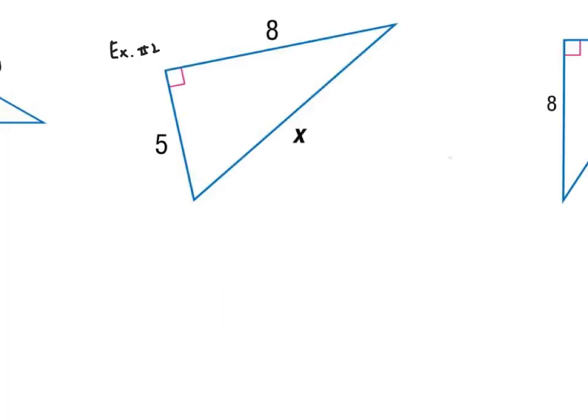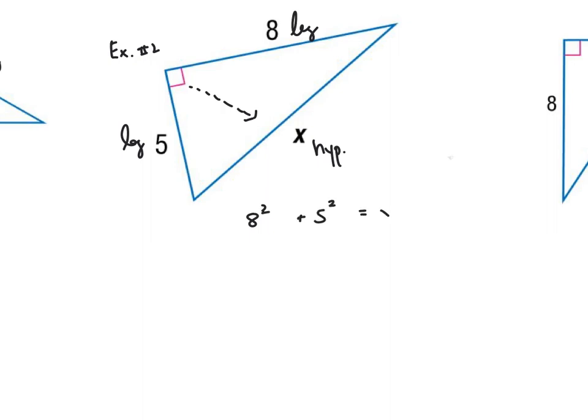Looking at example number 2, again going with the trick, the right angle box always points towards the hypotenuse. So x is the hypotenuse here. We know that 5 is going to be a leg, and 8 is our second leg. It matters not. So all I have to do is write 8 squared plus 5 squared.